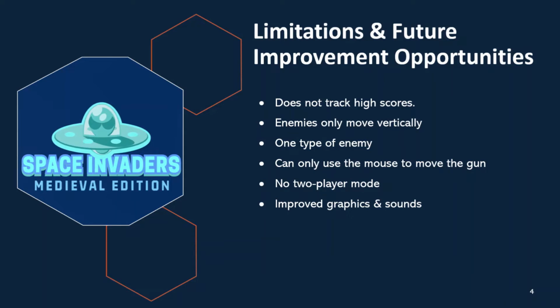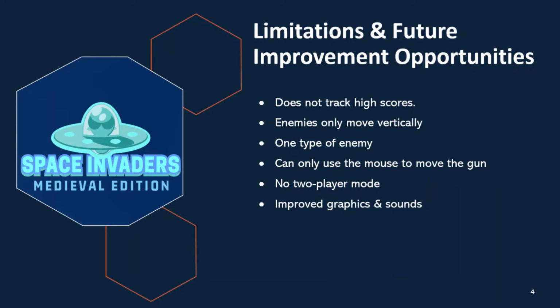Adding different types of enemies would be another. Right now there's only a single, vertically moving type, so different types of enemies like bosses, or enemies that have bonus scores attached to them, might be another good addition. Right now the only way to interact with the game is with the mouse, so adding keyboard support with the arrow keys might be nice.